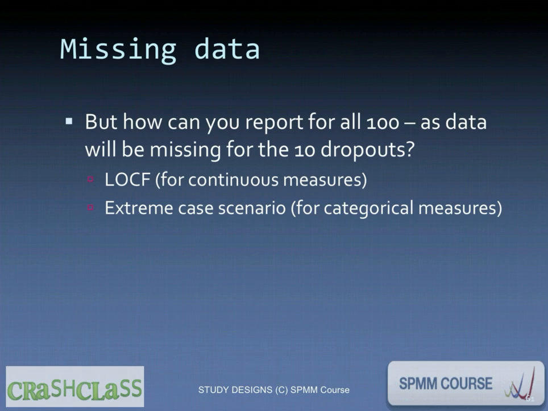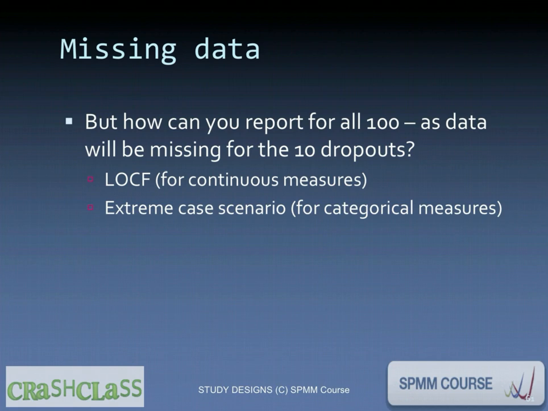If you have categorical measures like that, you can use extreme case scenario as the method of dealing with missing data. You can assume everybody whose data is missing or who dropped out got discharged from the hospital, or you can consider everybody with missing data as people who stayed in the hospital but refused to give data. You can use either one of the two categories as the scenario, but you have to apply that for everybody universally.